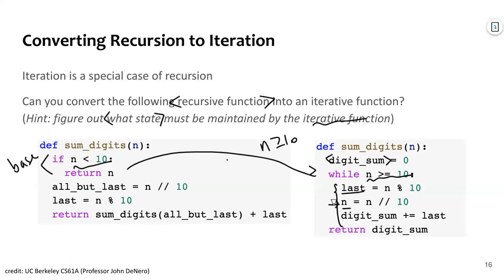You could call this all but last, but because of space limit, I just called it n. So we're going to split these two numbers like this. And then to the digit sum, we're going to add this last. And after this loop, we're going to return this digit sum variable. All right. So this is how we can convert a recursion into an iteration.